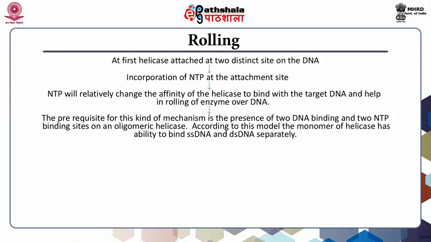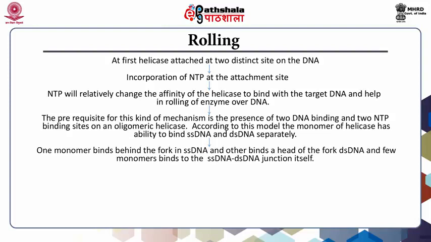According to this model, the monomer of helicase has the ability to bind to ssDNA and dsDNA separately. SS means single strand and DS means double strand. One monomer binds behind the fork in single stranded DNA and the other binds ahead of the fork in double stranded DNA, and a few monomers bind to the single stranded double stranded junction itself.